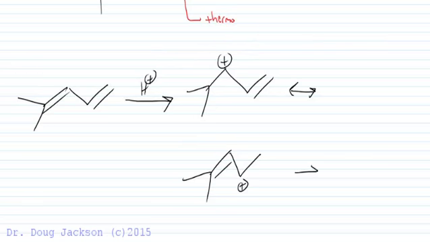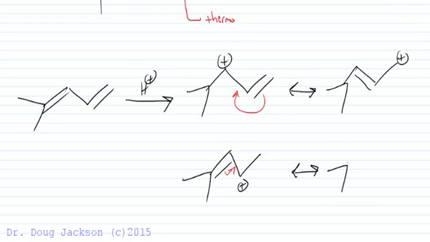Each of these has a resonance contributor, and we can find those with one arrow to form a pi bond for each of these.